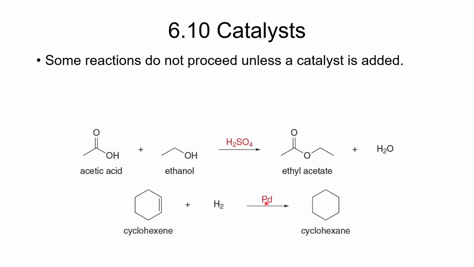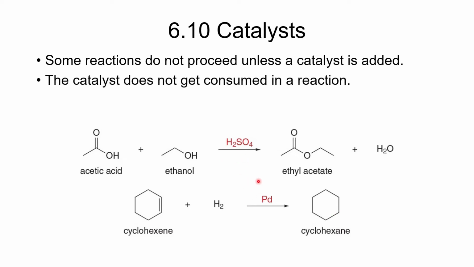However, if we throw in a small amount of elemental palladium, usually absorbed onto activated charcoal, so it usually says palladium-carbon, but the palladium is the stuff that does it, you can do hydrogenation of the cyclohexene to form cyclohexane, and this reaction happens quite easily. So without these, the reaction goes really, really slow.